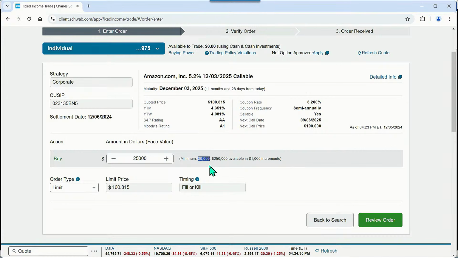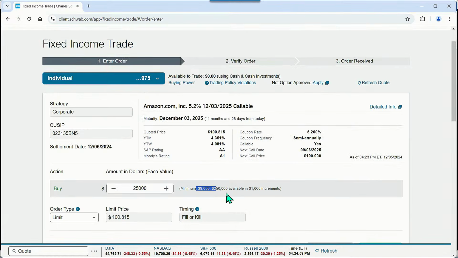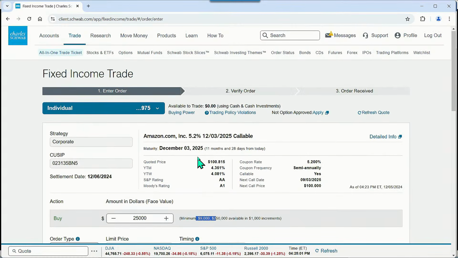Minimum $9,000, and $1,000 increments, that's typical on these. It gives me the relevant info on that bond there. So if I wanted to, I can go and review that order. I can put in the parameters on that information there as well.